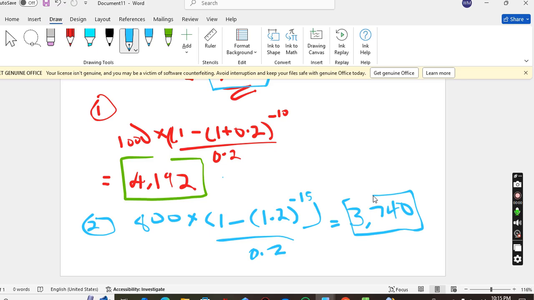It's not part of the question, but remember that point. If you increase the discount rate, expect the money to drop. Now, any questions before we go to part 3?